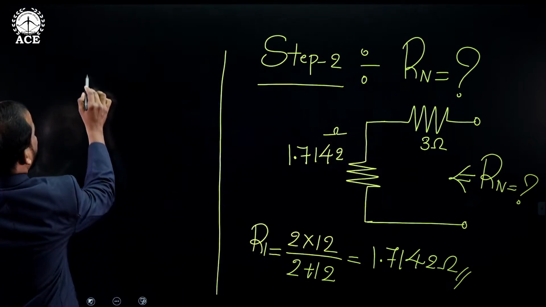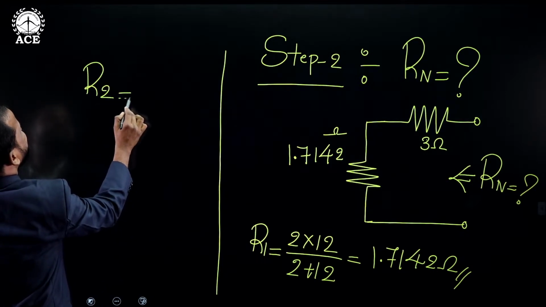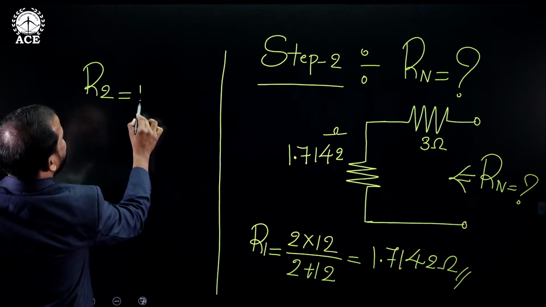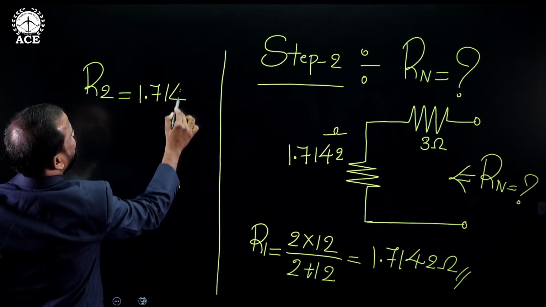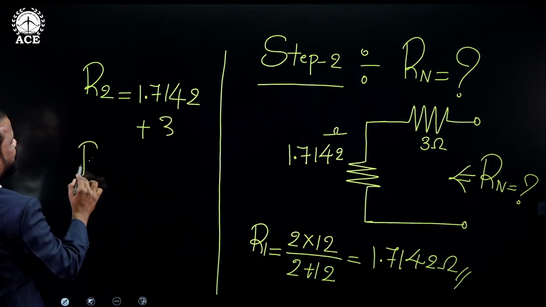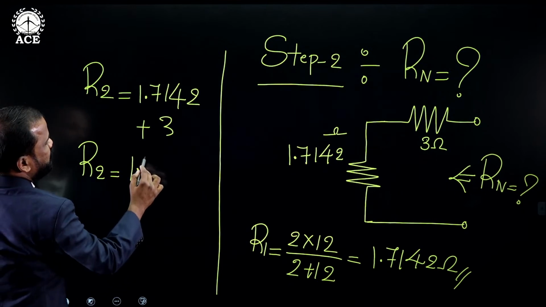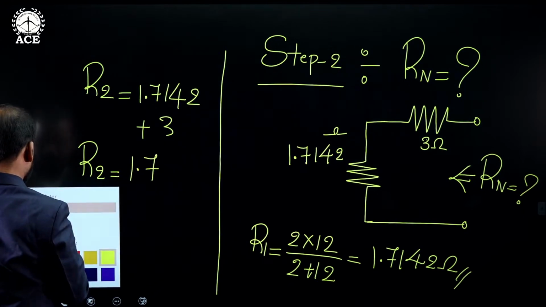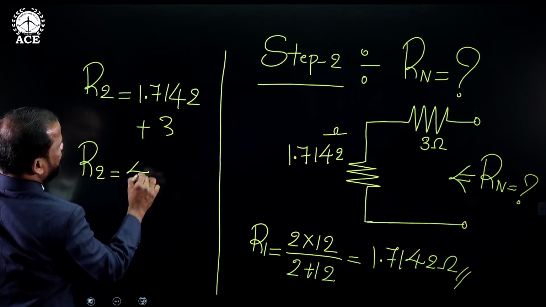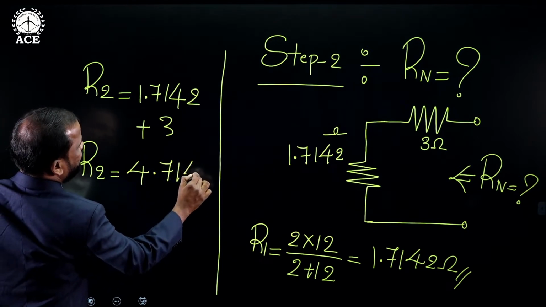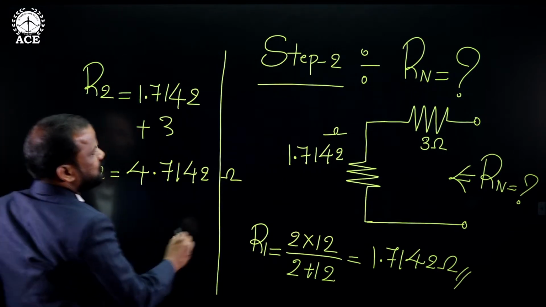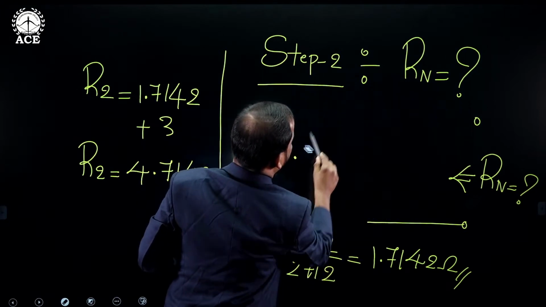So now I am going for the calculation of the series combination of these two, and I am giving the name of that new resistance as R2. 1.7142 plus the remaining 3, so the value of R2 is 4.7142 ohms.